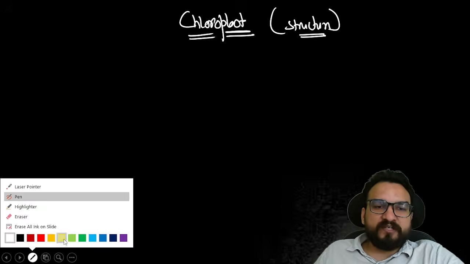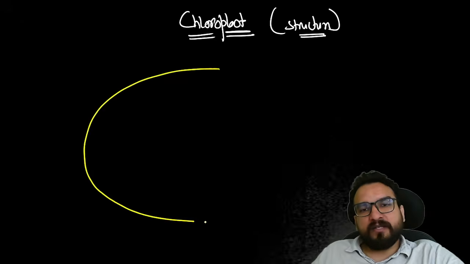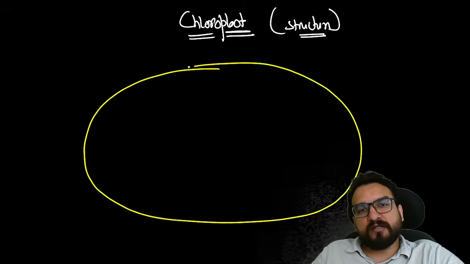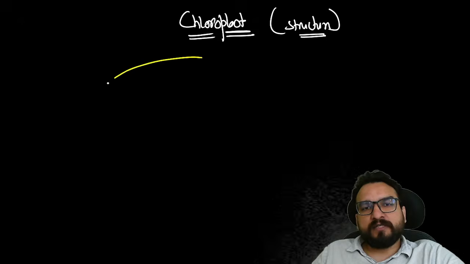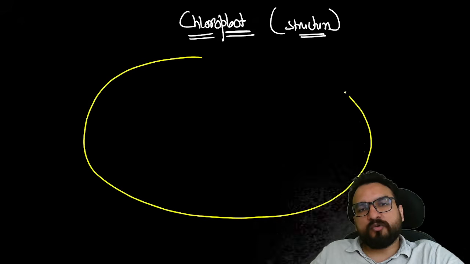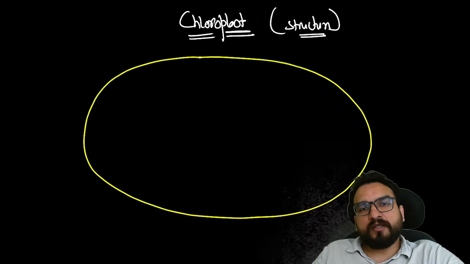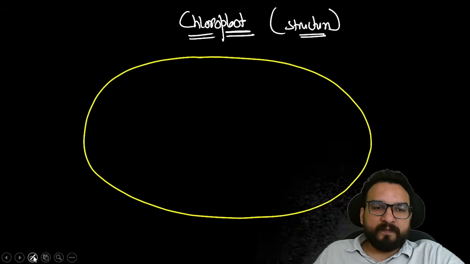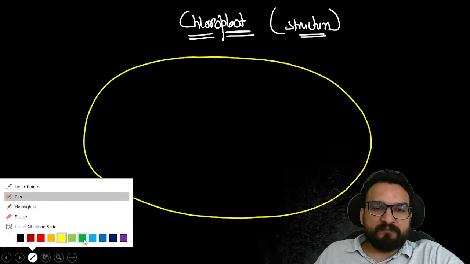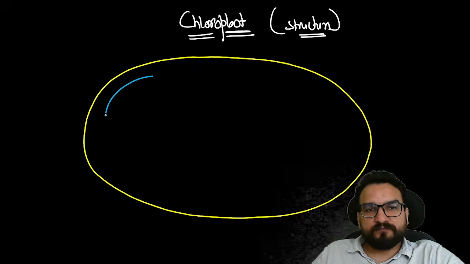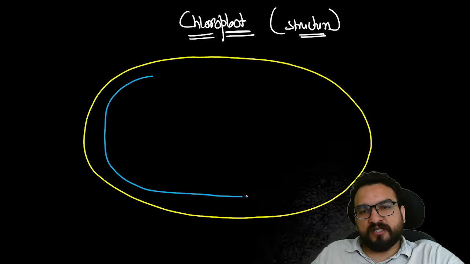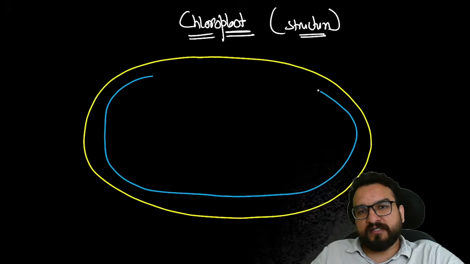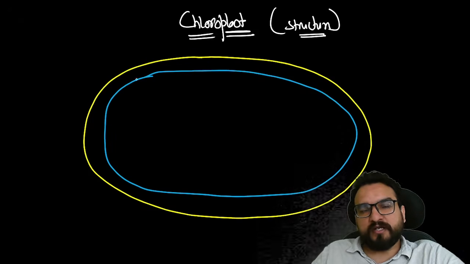Again, chloroplast, when you will be understanding, it is a double membrane structure. Let us draw it a little more properly. Double membrane structure you are going to find over here, and its double membrane will be simply like this. It will not be having the curvatures like cristae of mitochondria.